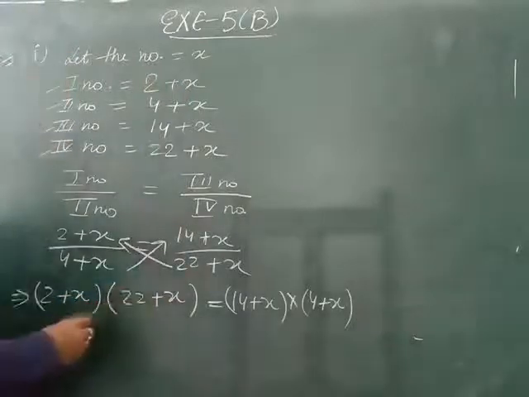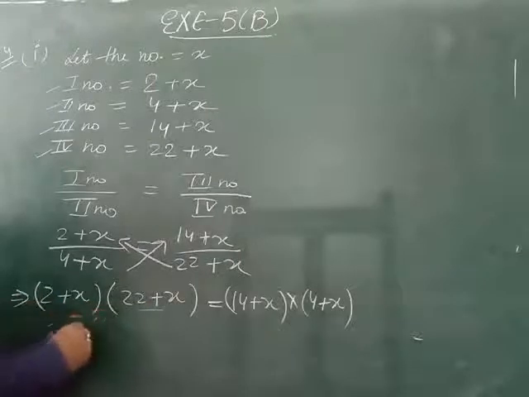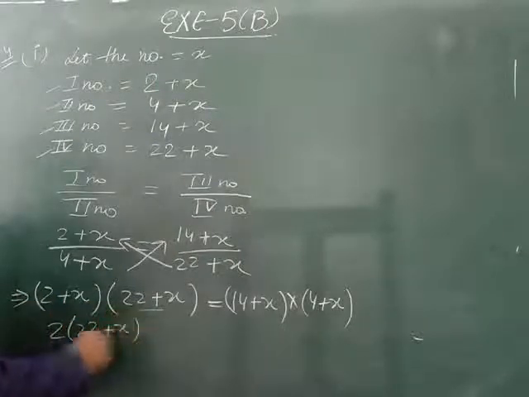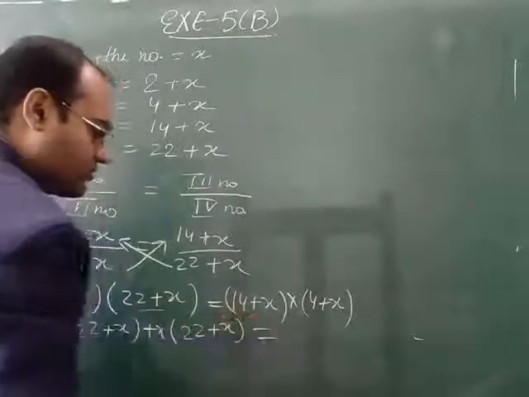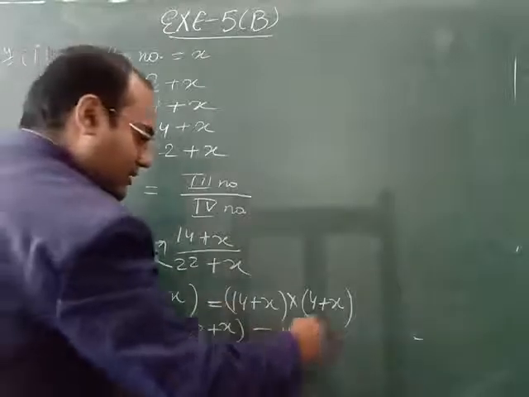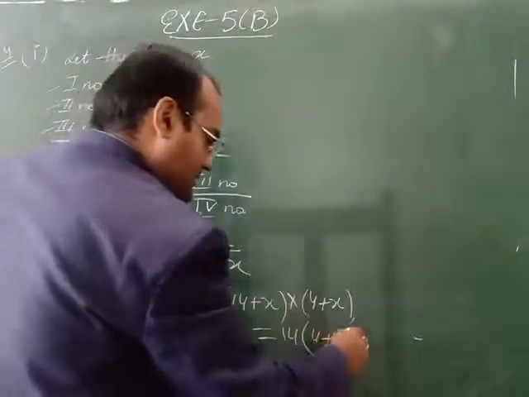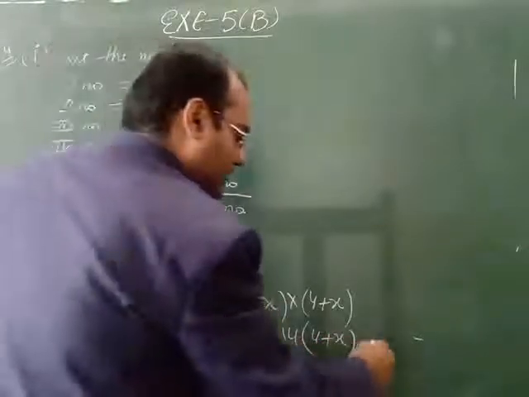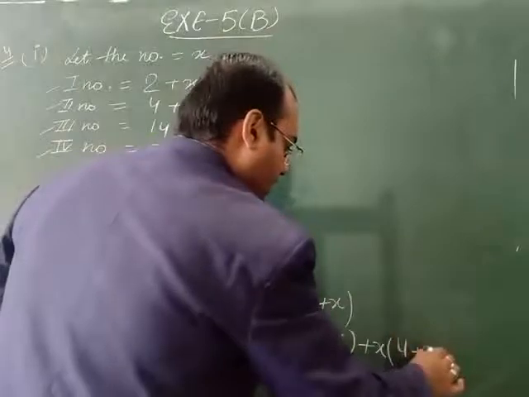Now we have to open the bracket. So how will we multiply? This 2 multiplies with the full bracket, 2 multiply (22 plus x), plus x multiply (22 plus x), equal to 14 multiply full bracket (4 plus x), plus x multiply full bracket (4 plus x).